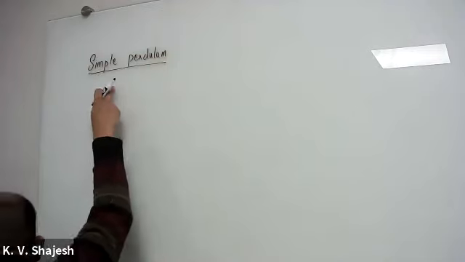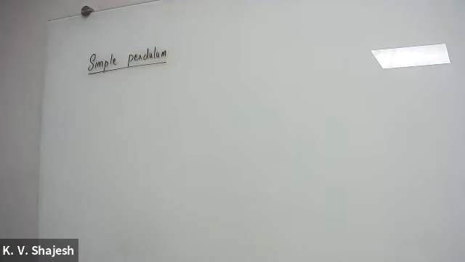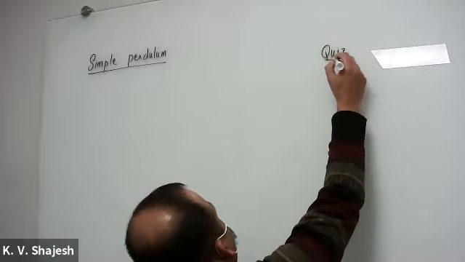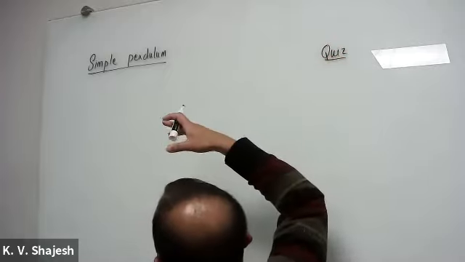What does simple stand for in here? Any thoughts on that? What does simple in the simple pendulum stand for? Yeah, quiz. So let's make this a quiz. Even I don't know as such.